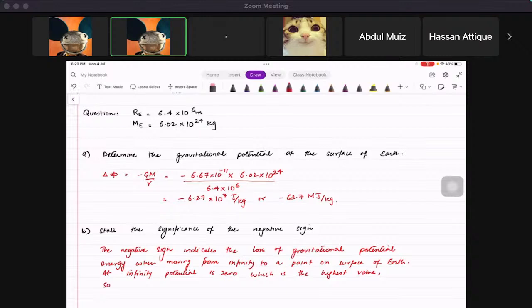So every other point will have a lower potential. That's why when you're moving from infinity to a point, you always say that the potential becomes more and more negative. I hope you understand this. Okay. Yes, sir.